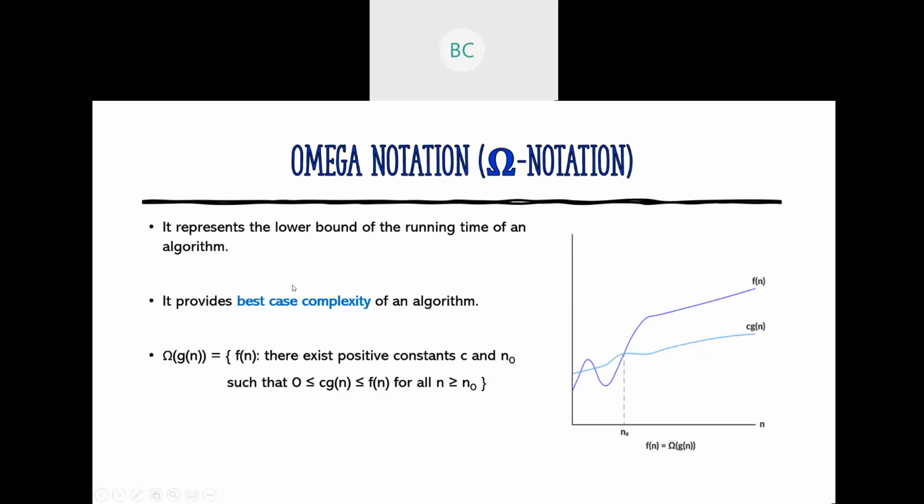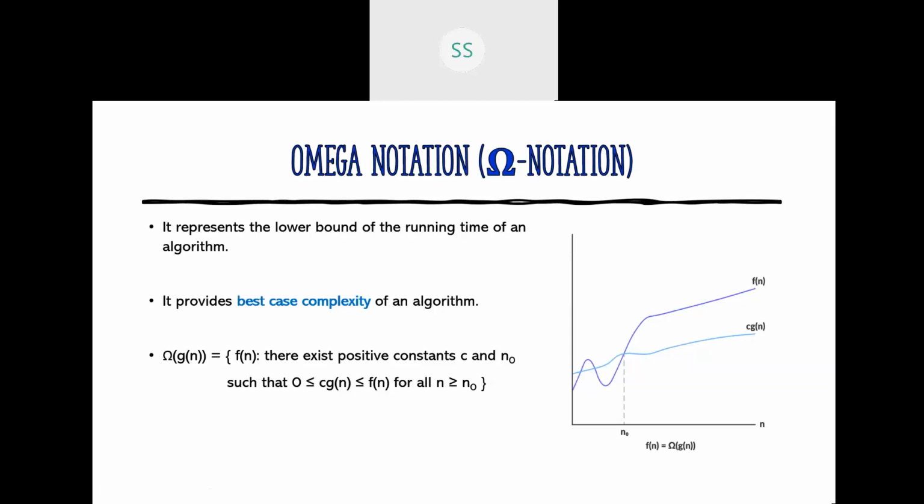Okay, you want to say something? Ma'am, what was the question? I was asking what will be the best case for your linear search if you find the item at the first position.